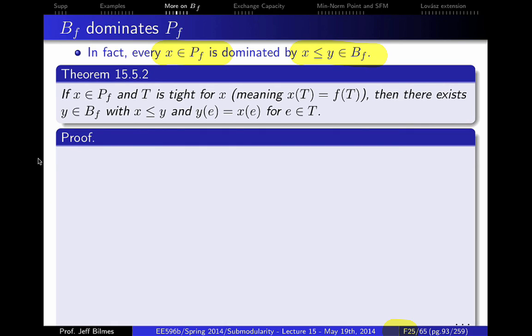And so here's the more formal way of saying that. Let's choose a particular point x in the polytope. And let's say that we're already tight at some point, meaning there's some set T which you're tight at. So x of T is equal to f of T. So you're tight there already. And that's sort of like the multi-axis congruent guy. What this is saying is that there's some y in the base where for all of the elements of T, all the guys that you're tight at, you keep the same value, so you don't change those directions.